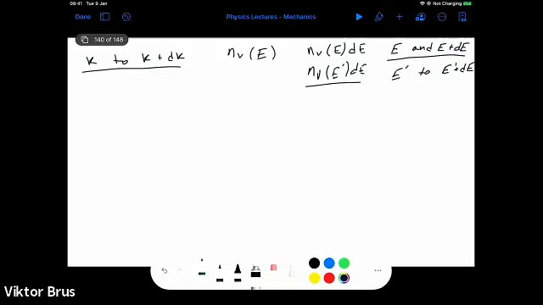So this number of particles in the unit of volume will depend on energy, and this distribution for general cases is very broadly applied, and you can meet it in different fields.